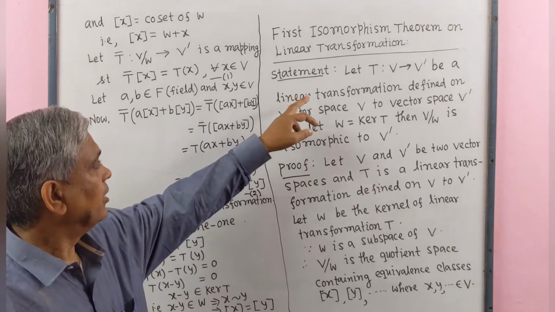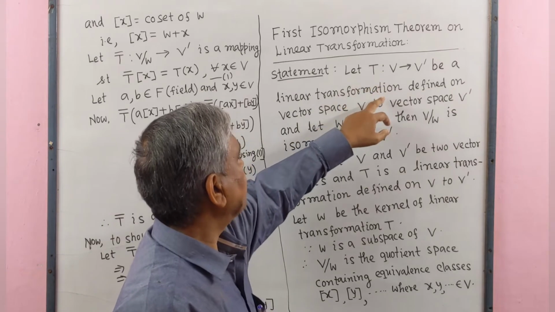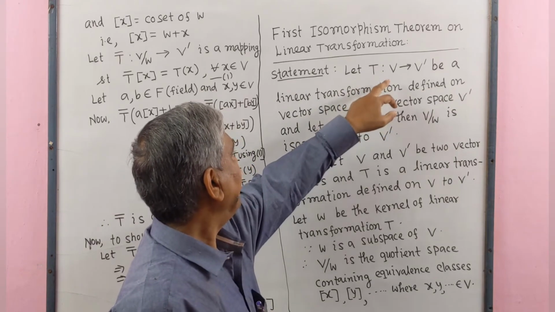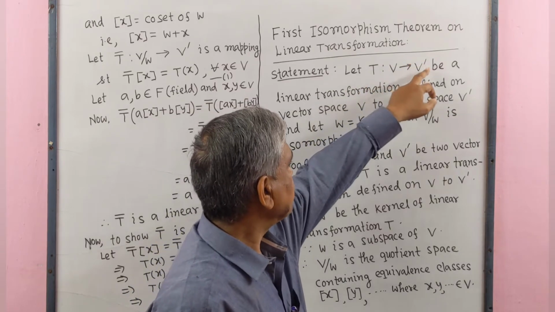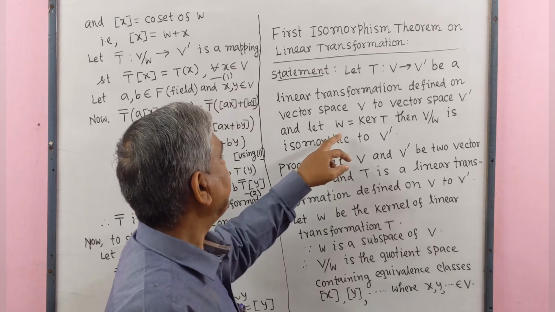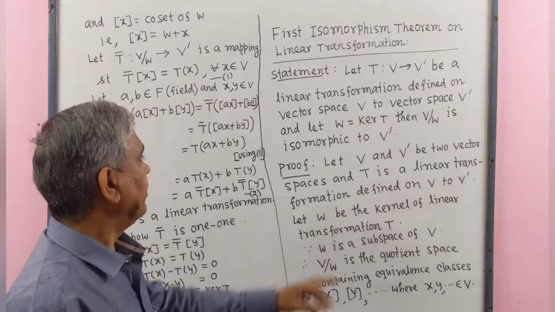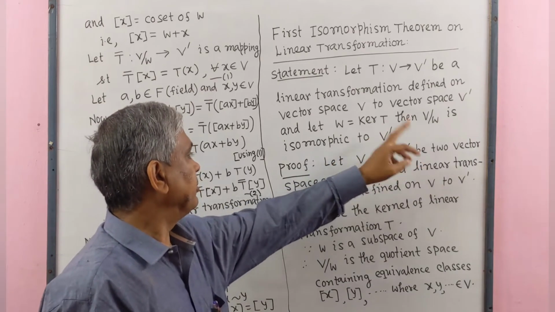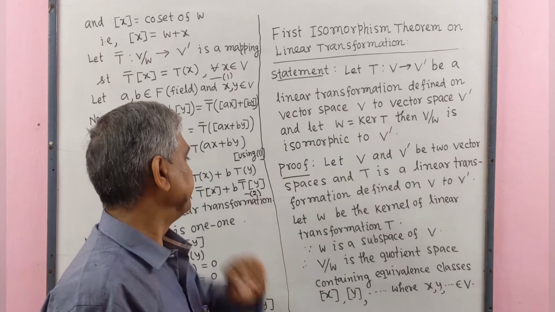Statement: let T be a linear transformation defined on a vector space V into vector space V prime, and let W equal to kernel of T, then V by W is isomorphic to V prime.